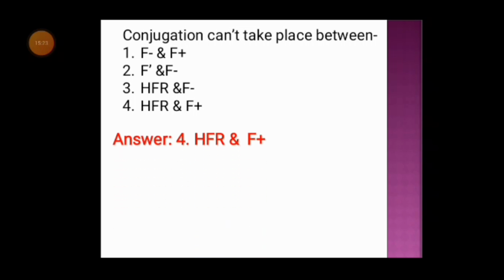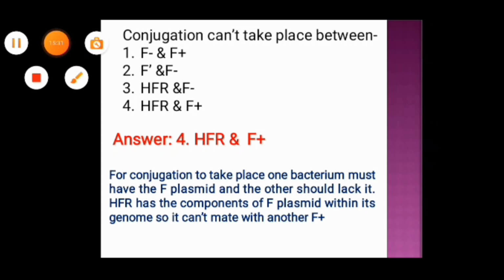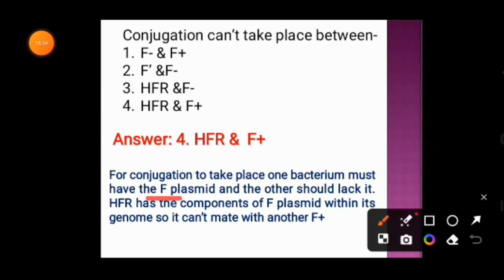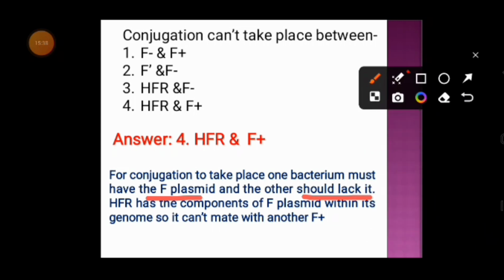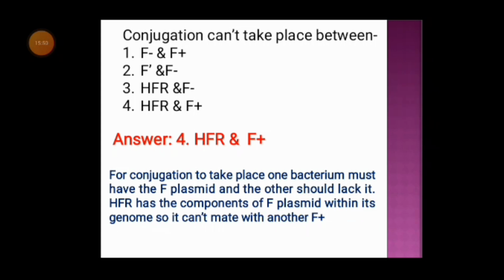And the correct answer is option 4, Hfr, that is high frequency recombination, and F plus. For conjugation to take place, one bacterium must have the F plasmid and the other should lack it. Hfr has the components of the F plasmid within its genome, so it cannot mate with another F plus which already has the F plasmid of the fertility factor.